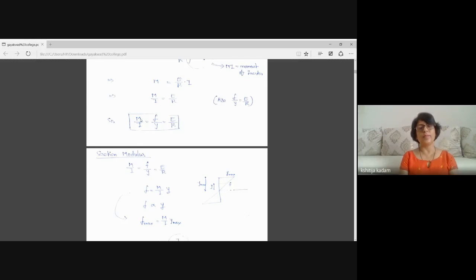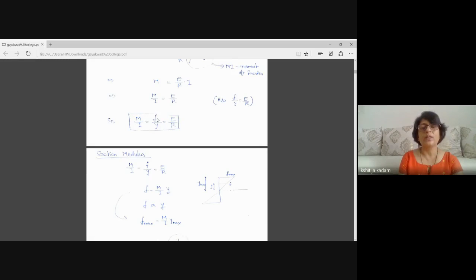M stands for bending moment divided by I stands for moment of inertia, is equal to F. F is stress caused by the bending of beam. So it is called as bending stress, divided by Y. Y is the distance of particular fiber from neutral axis.